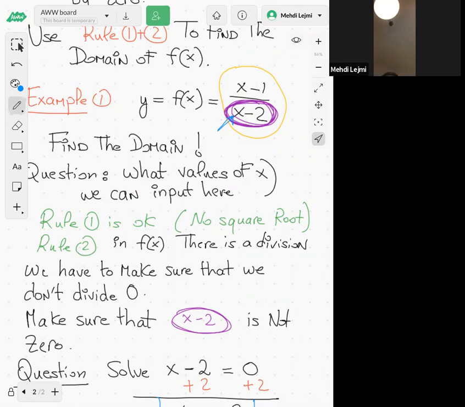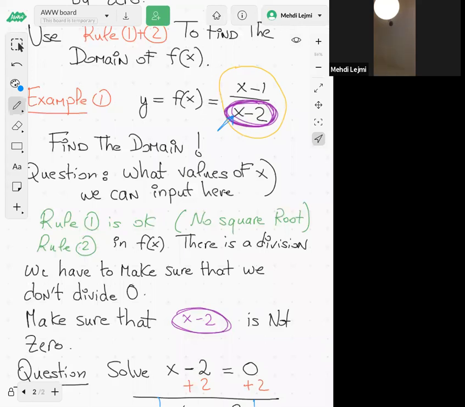And I'm not allowed to divide by 0, right? So the idea is I have to exclude the value x equal to 2, because if my input x is 2, then I'm going to have 0. I'm going to be in trouble, right?